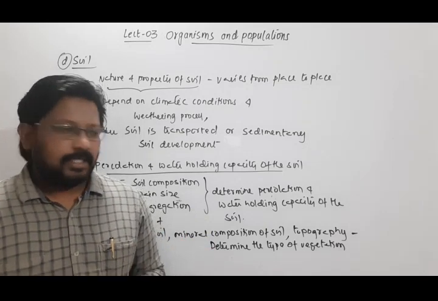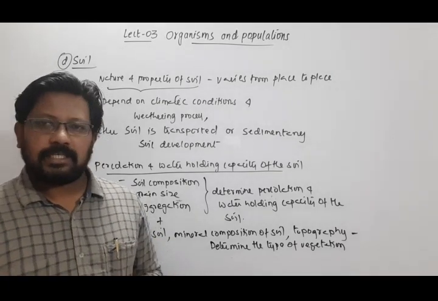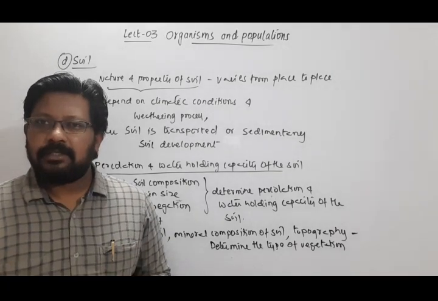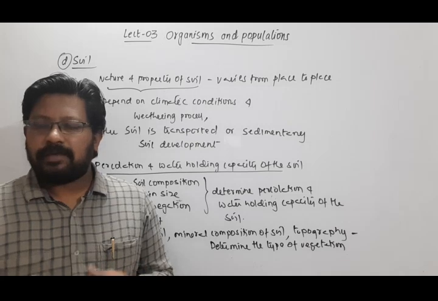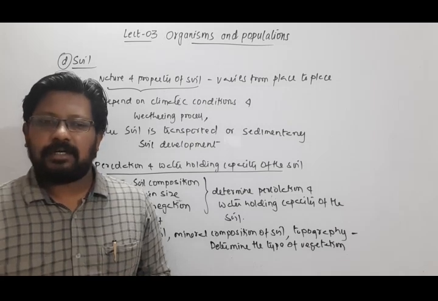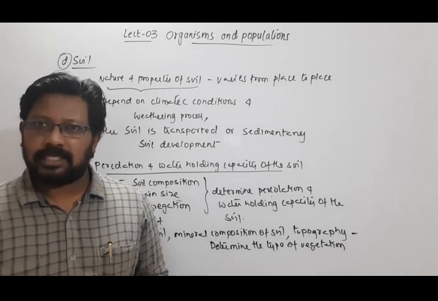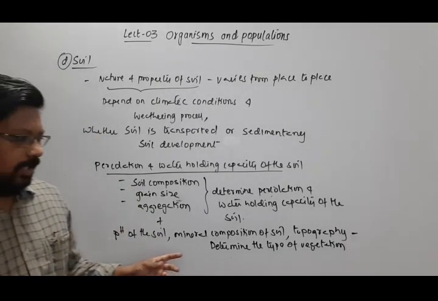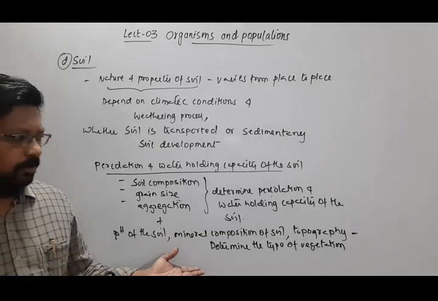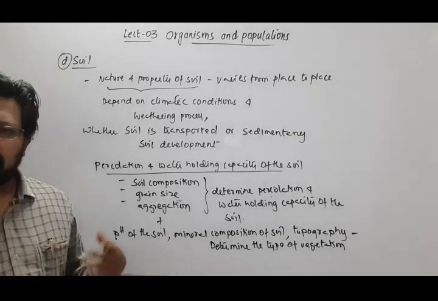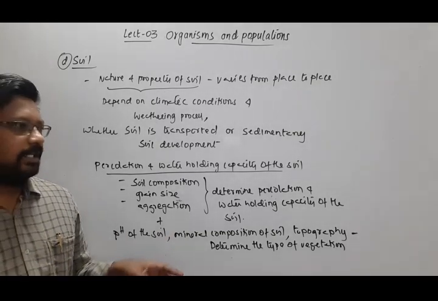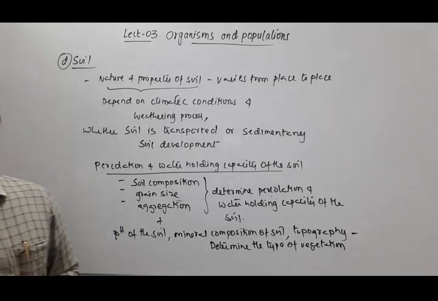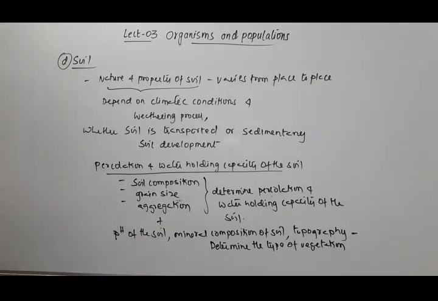And if that is a dry area, then there are plants that have adapted to live in dry areas, and they will colonize that area. So the pH of the soil, the mineral composition, and topography determine the type of vegetation growing in that area.